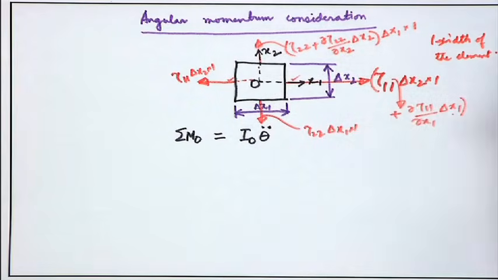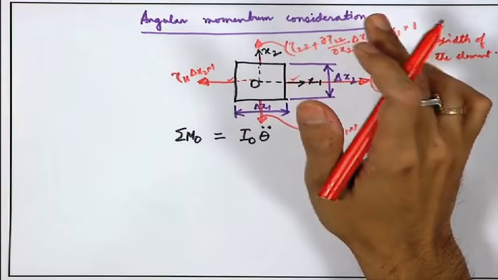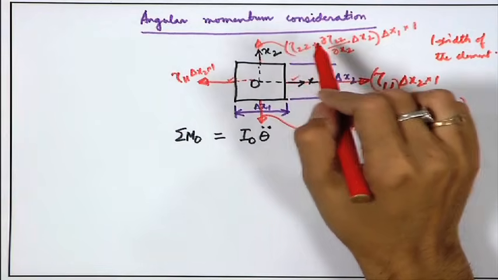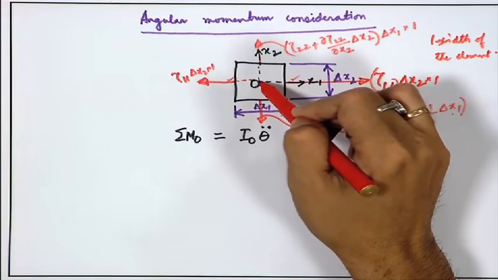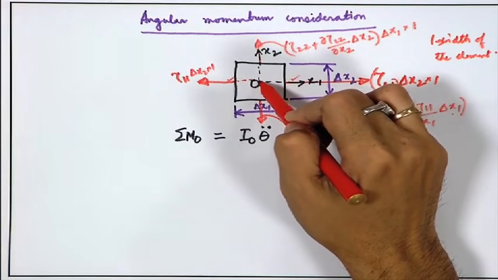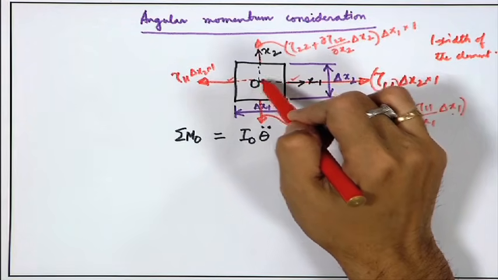These are the normal forces. Now, these forces I have written just for completeness, but these forces actually do not contribute to any moment. Why? Because all these forces pass through this point O. Therefore, these do not contribute to the moment with respect to an axis passing through O.